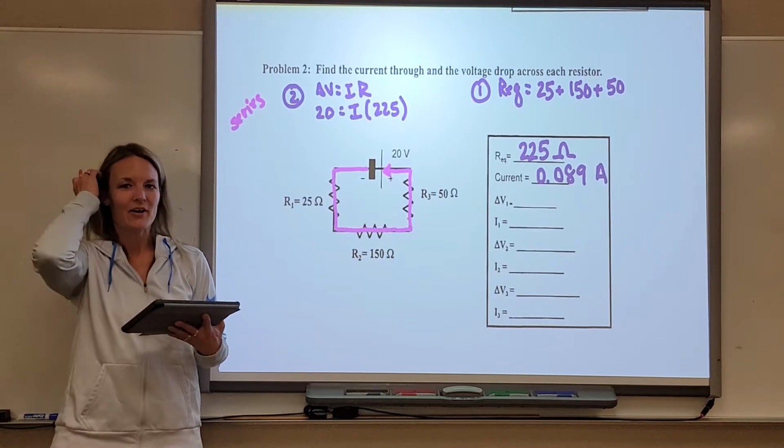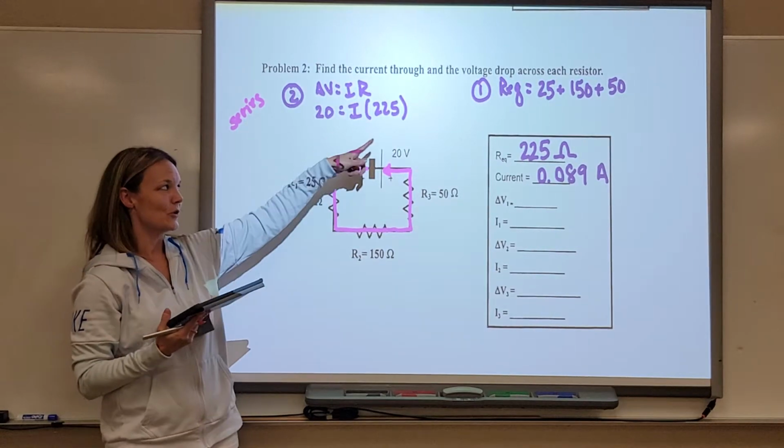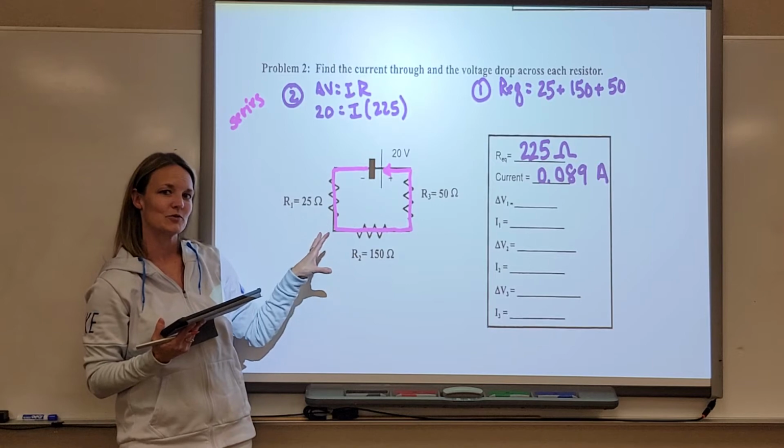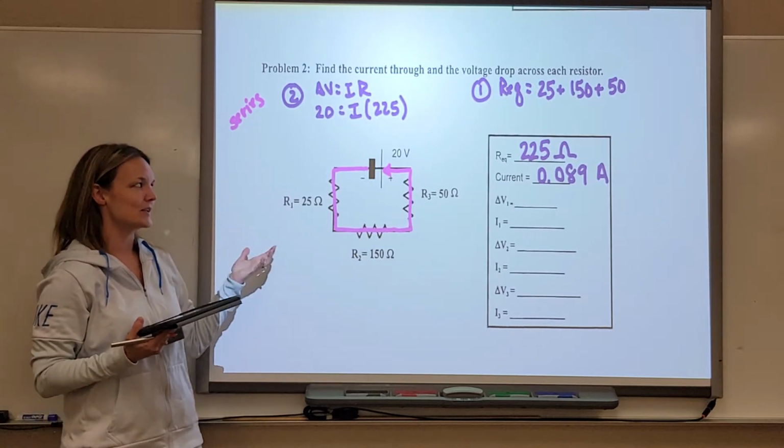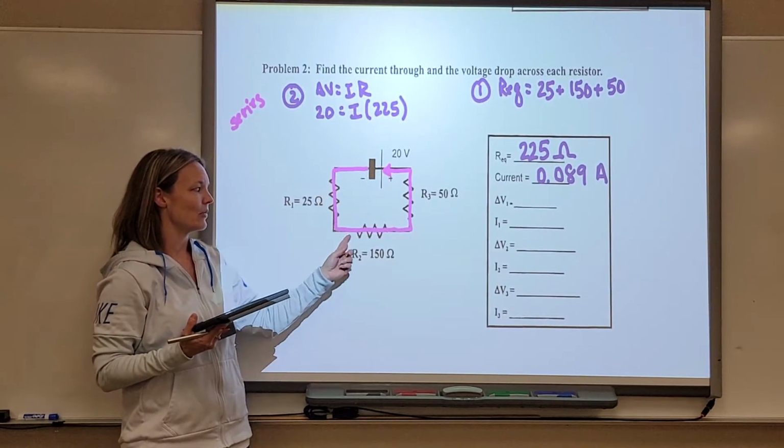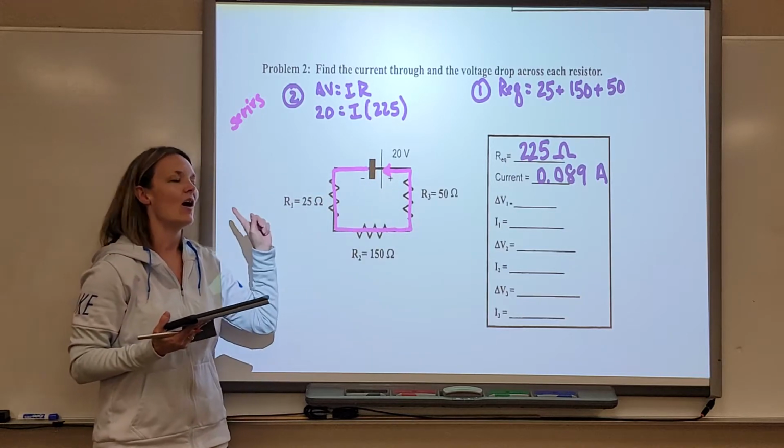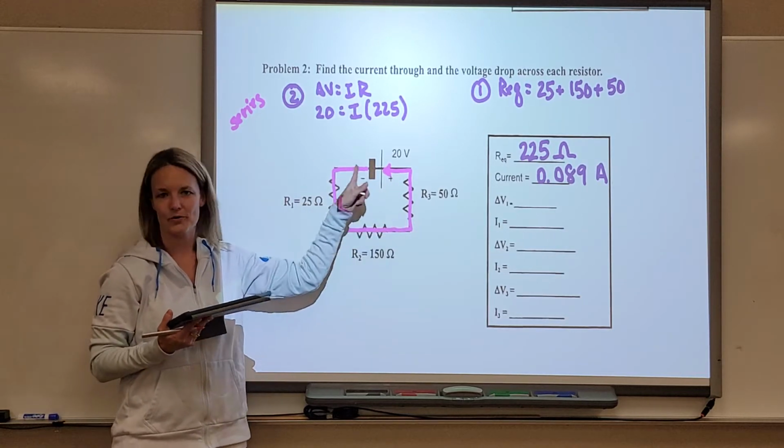All right, how is a series circuit different? For total resistance, all you have to do is add them up. And because there's only one way through, automatically all the current goes through all the resistors.